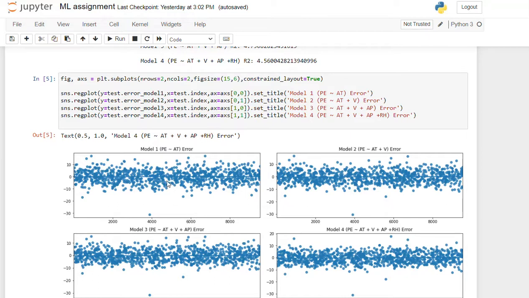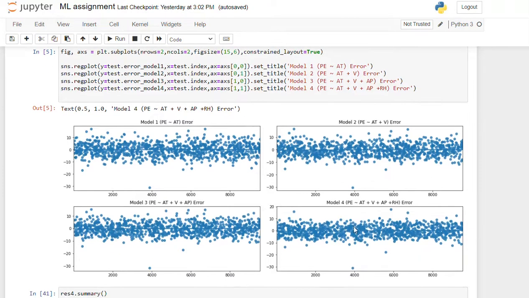But if you compare model 1 and model 4, where the sum of squared errors is 0.5 lower in the final model, which uses all four features, you can see that the spread of errors is a lot lower as compared to the first model. So that's why model 4 seems to be the right model to go with, since it has the lowest error in the test population.